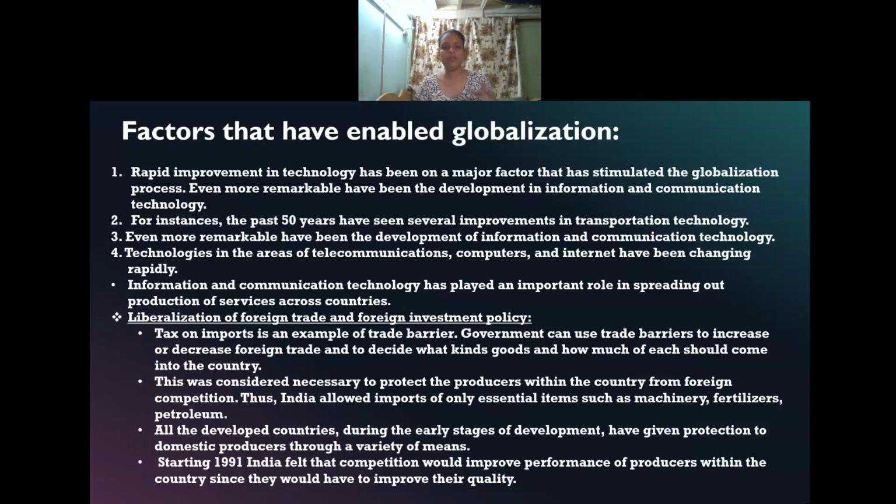When these problems arose, the Indian companies were unfit to produce as well as to compete in foreign competition. So what India did was allow imports only for essential items like machinery, fertilizer, petroleum, etc. Note that all the developed countries, during the early stages of development, had given protection to domestic producers through a variety of means, because the foundation of industries and factories in that country should be developed.